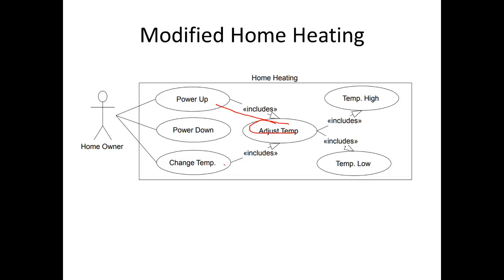Change temperature also includes adjust temperature. When you adjust temperature, you can also include make temperature high, and also include make the temperature low. That's the include relationship. This is also the include relationship.